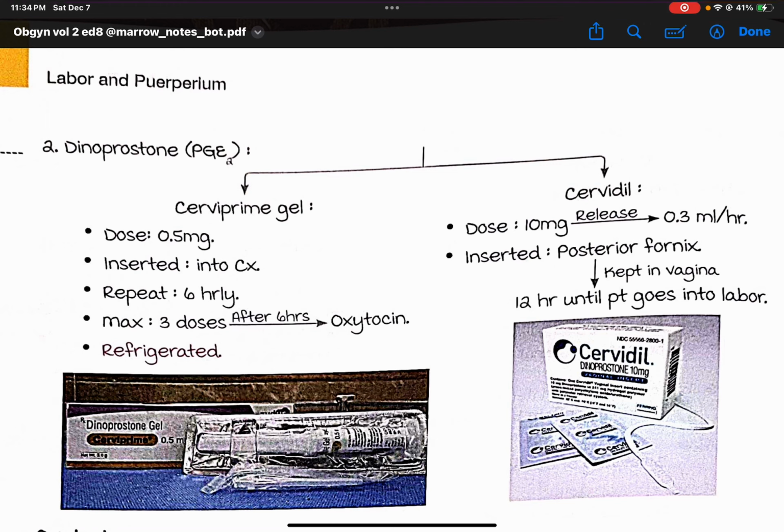After 6 hours, oxytocin. Refrigerated. Dinoprostone, Cervidil: dose 10 milligram, release 0.3 milligram per hour. Inserted in the posterior fornix, kept in vagina 12 hours until patient goes into labor.